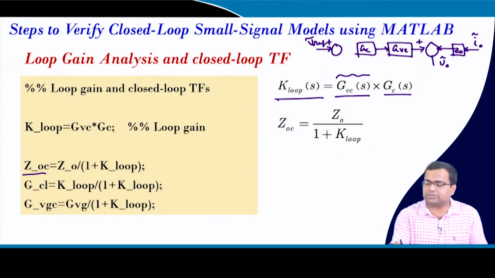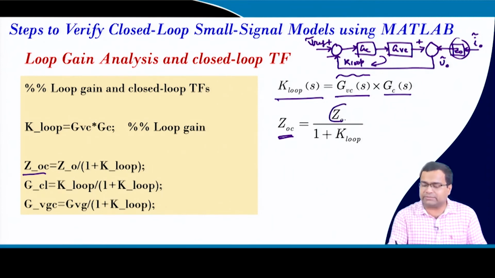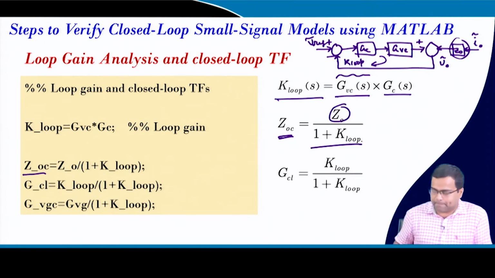The V perturbation 0 minus, and this is my loop transfer function, K loop. That means my closed loop output impedance will be open loop output impedance divided by 1 plus loop transfer function.